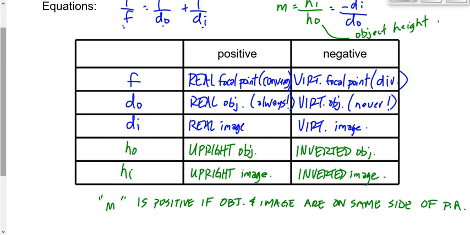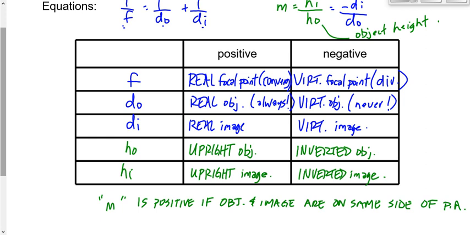Now, don't get mixed up here with magnification, okay? Some people look at it and say, oh, if I get a magnification of 0.5, that means it's upside down. No, it doesn't. 0.5 means the image is half the size of the object, and it's upright. Well, or at least they're both on the same side of the principal axis, and since the object is usually upright, that probably means the image is upright as well.